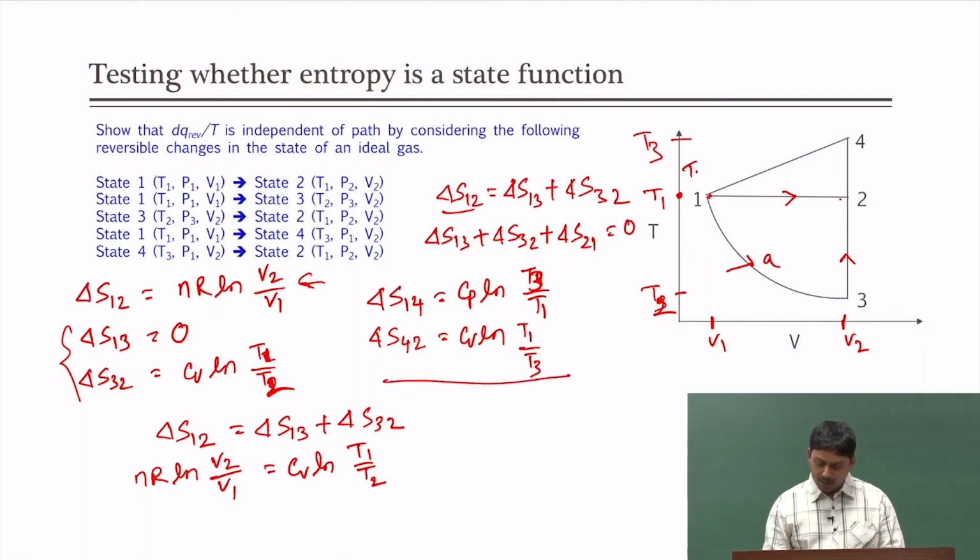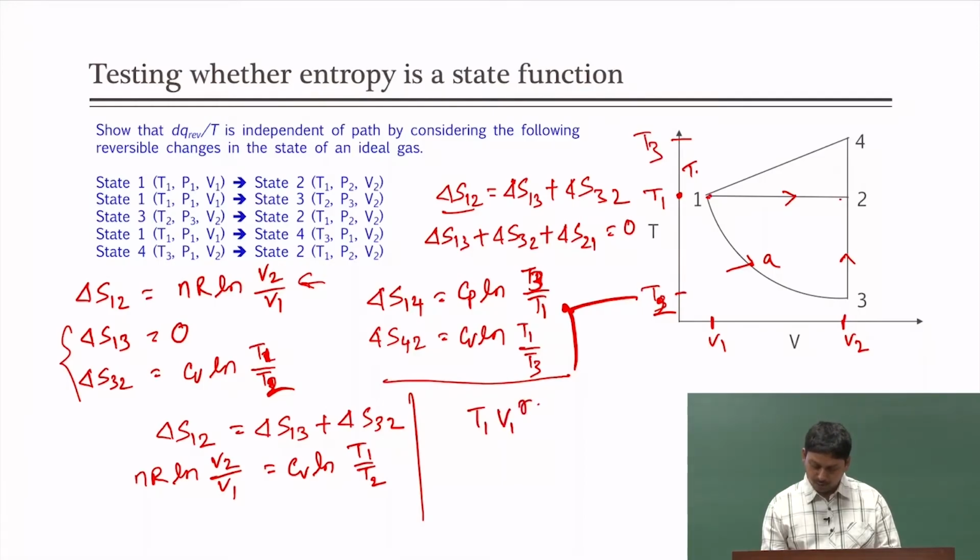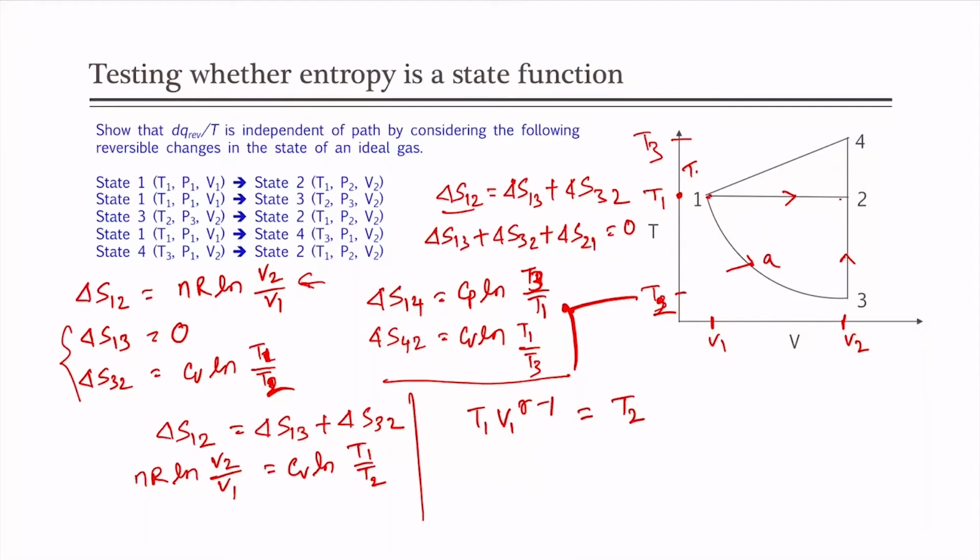Again, for that we are going to use the relation for the adiabatic process 1 to 3. 1 has T1 temperature and volume V1, 3 has T2 temperature and volume V2. Then T1 by T2 becomes V2 by V1 to the power gamma minus 1.